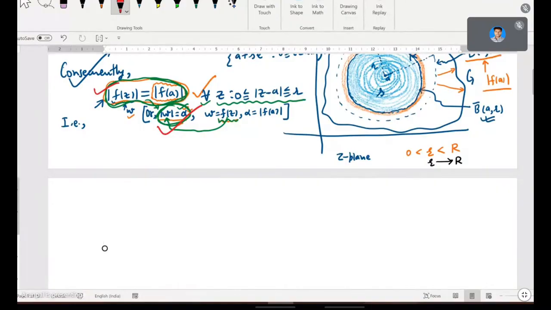So I am writing this: f(z) lies on this circle, where alpha is this, for all z's satisfying this condition.